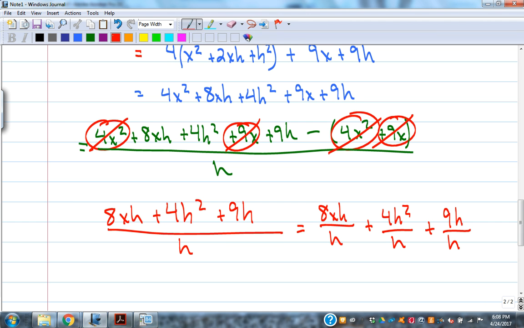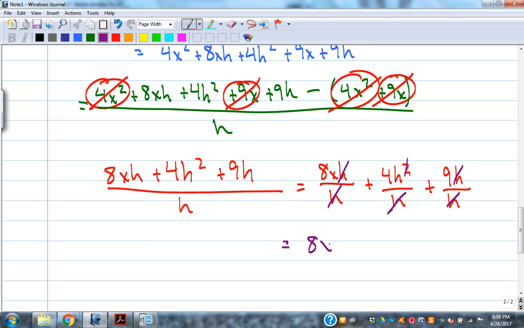Because what happens to the h's? Yeah, 1 cancels 1. So this one cancels one of those, so it's just an h, and this one cancels that one. So we end up with 8x plus 4h plus 9, which was, that's your choice, 8x plus 4h plus 9.